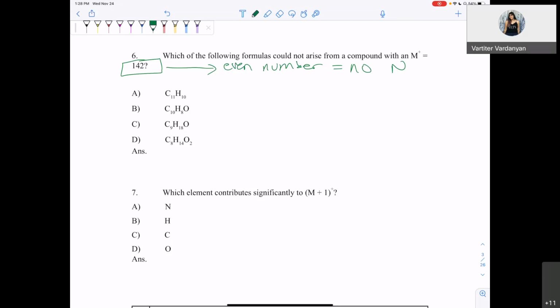Okay, so at this point, we know it's not a nitrogen. Cool. So we know that the total mass is 142. So we basically have to go through this and figure out which one of these guys have a mass of 142. And my little hack is on the side, I write carbon equals 12, hydrogen equals 1, oxygen equals 16.